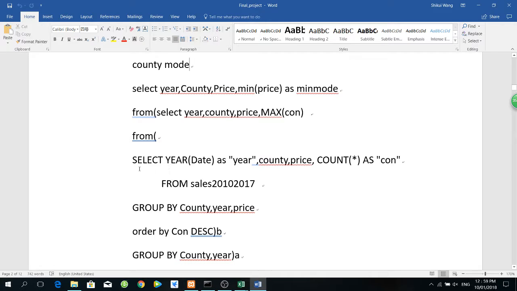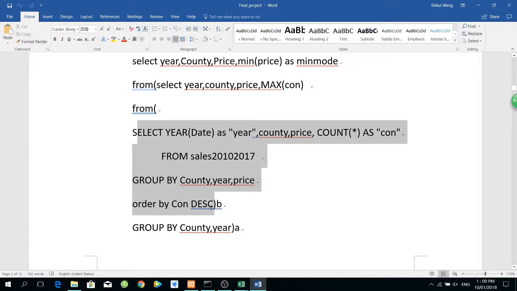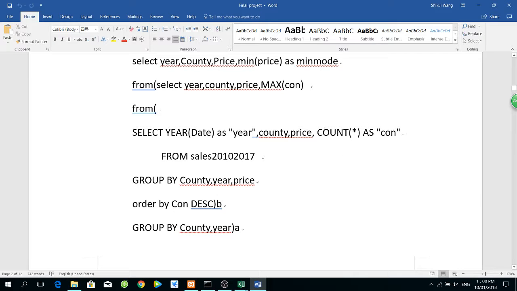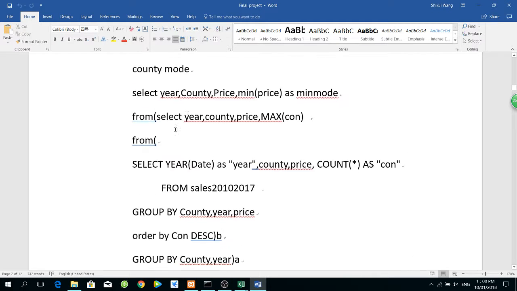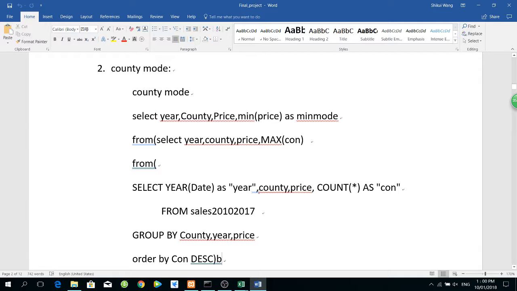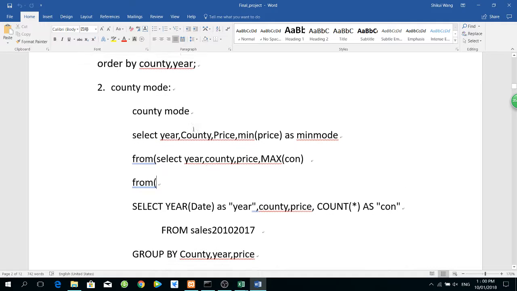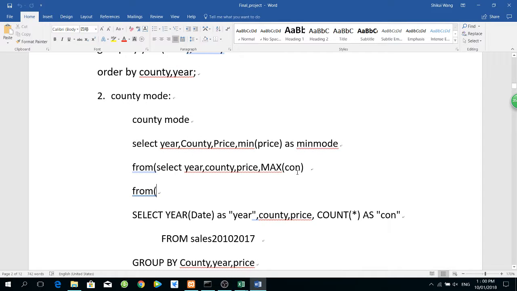The mode is the first. My thought is that first we need to count the price, and how many times each price appears, and what the price is. From the table, I find the max count, which means you can find the one that appears most.